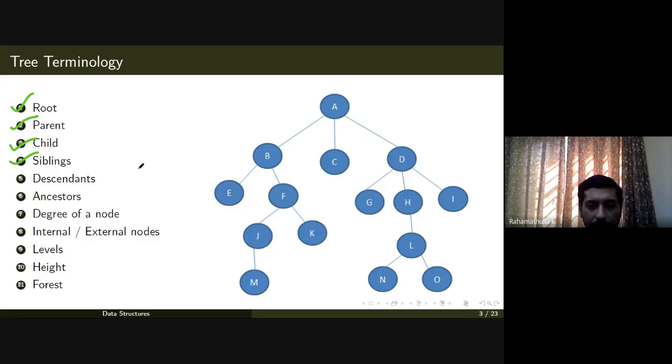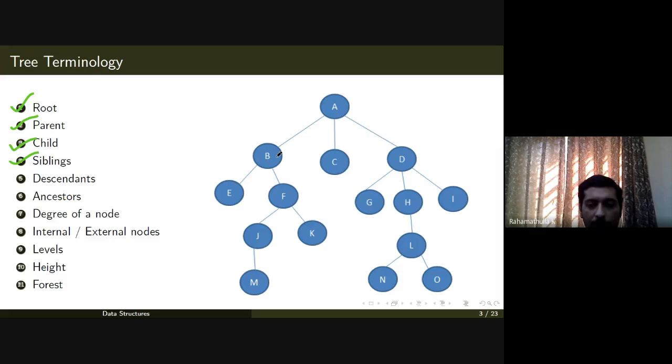Descendants. Descendants are the nodes which are accessible from a particular node. For example, the descendants of B are E, F, J, K, and M. These nodes are reachable from B. With one edge you can reach here, with 1, 2, 3 edges you can reach M, and so on.